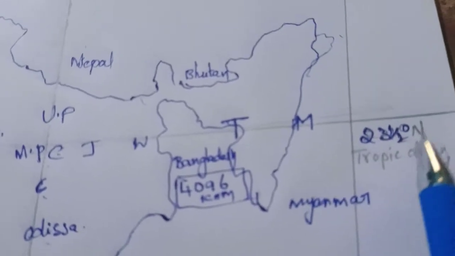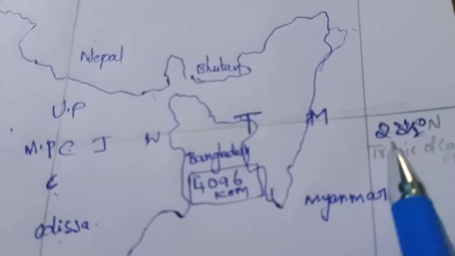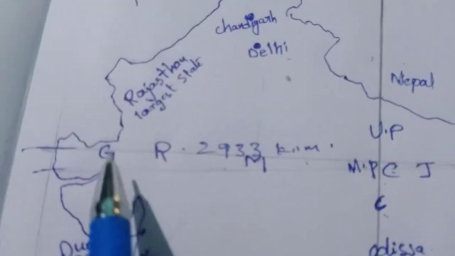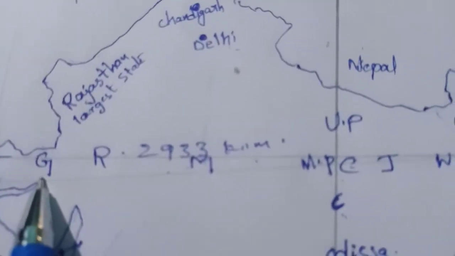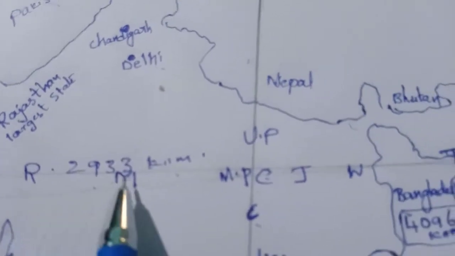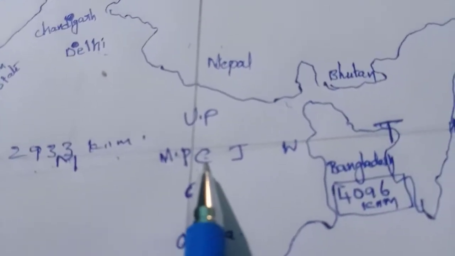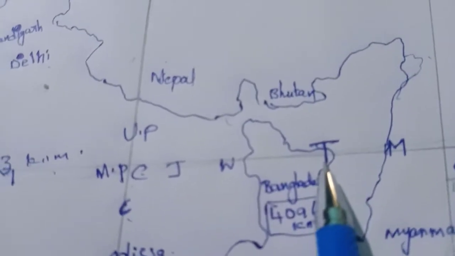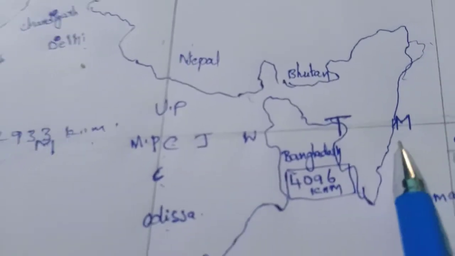So this is the Tropic of Cancer. How many degrees? 23.5 degrees north. Again remember, observe: Gujarat, Rajasthan, Madhya Pradesh, Chhattisgarh, Jharkhand, West Bengal, Tripura and Mizoram. Note down this one.